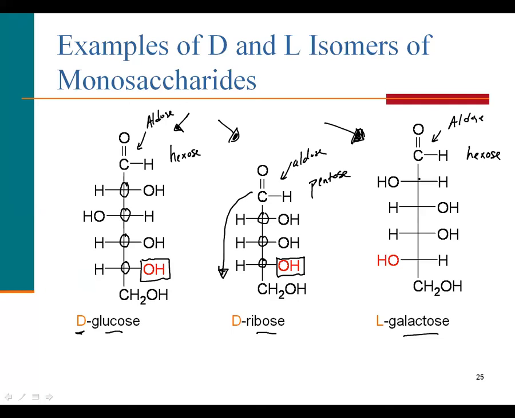And over here, we've got a chiral, chiral, chiral, and chiral. The last chiral carbon away from that carbon-oxygen double bond has the OH group on the left-hand side, and that gives us L. Any questions on that? So again, you do need to know these structures and the names to go with them.